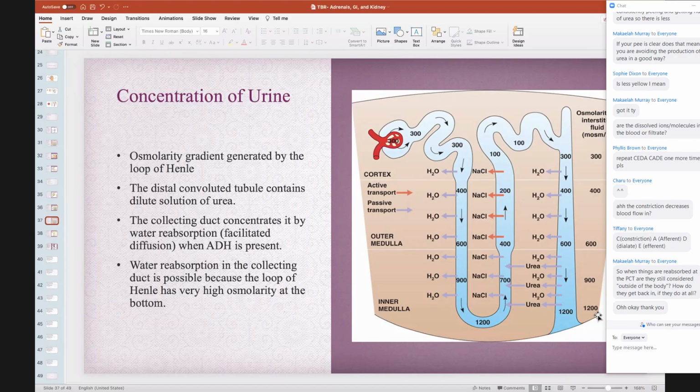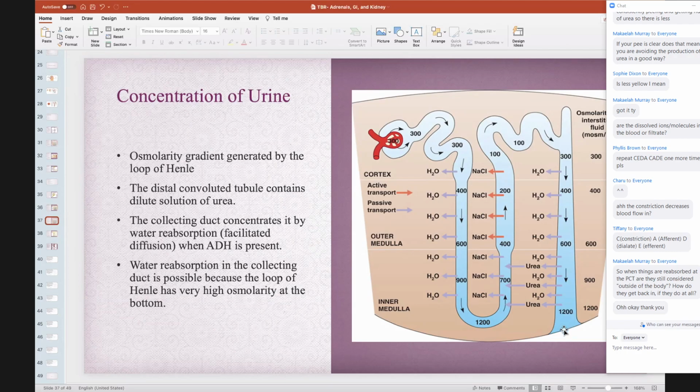So as we travel through the collecting duct, the filtrate is going to try to balance out this osmolarity. The collecting ducts are lined with aquaporins, water channels. So as we travel through this collecting duct that is permeable to water, water is going to flow back into the interstitial space, balance out the osmolarity between the medulla and the filtrate, and in the very end, create a very concentrated urine.